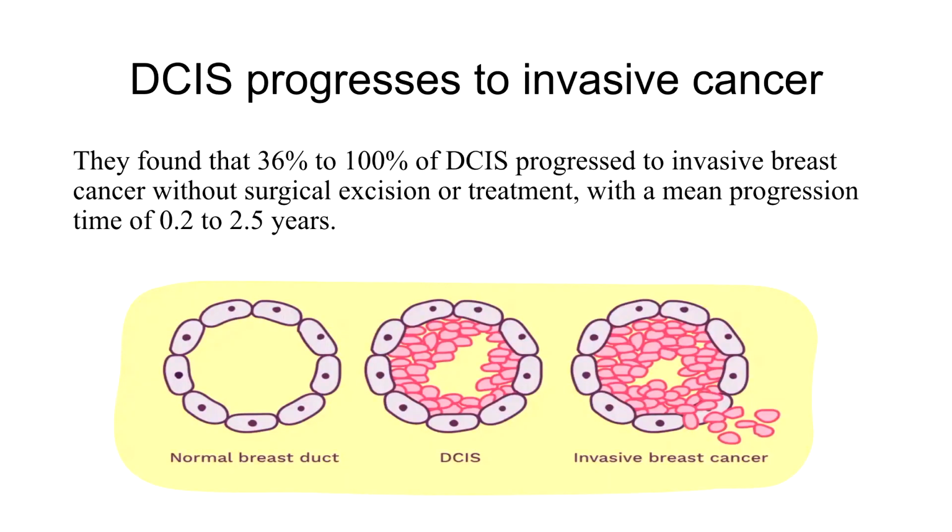Ductal carcinoma in situ can progress to invasive cancer, and it is found that 30 to 100% of this ductal carcinoma in situ do progress to cancer if we do not diagnose and we do not proceed to do surgical excision or any treatment. And it's going to progress in time, in 0.2 to 2.5 years, it will develop into cancer.